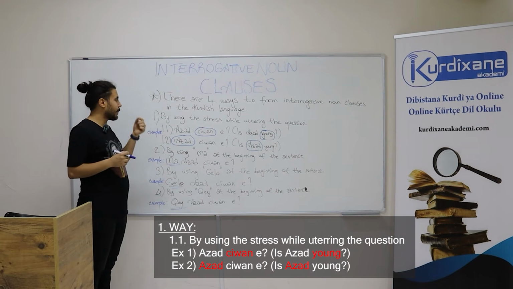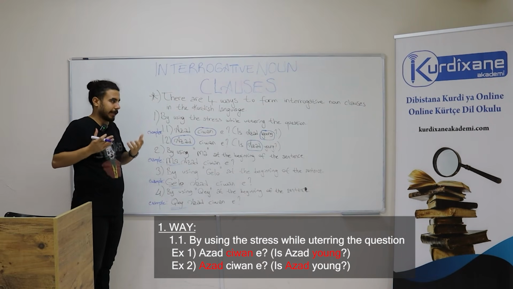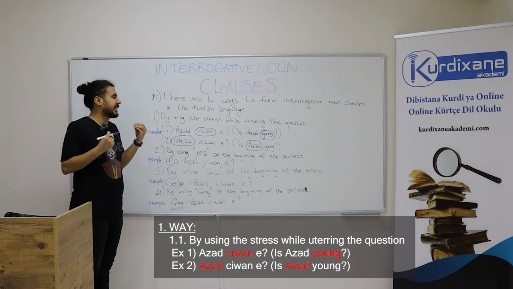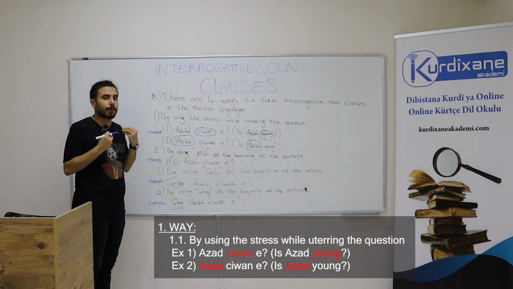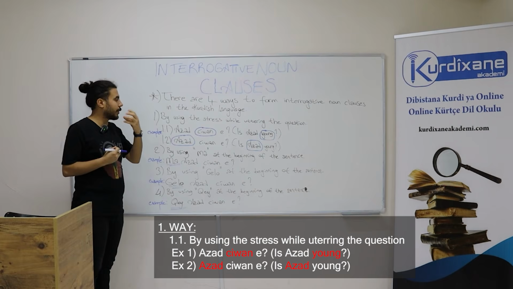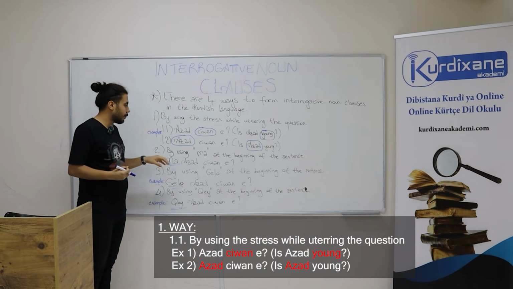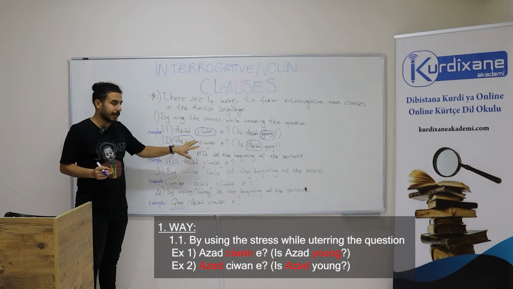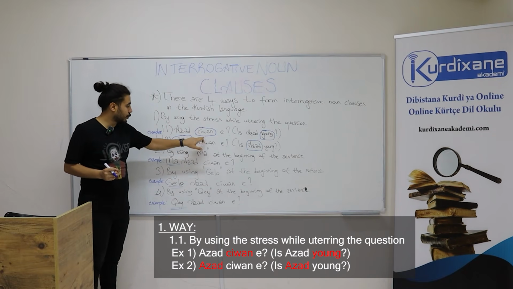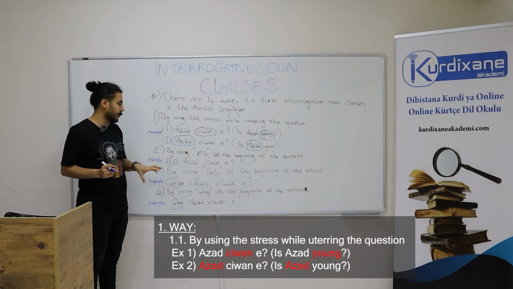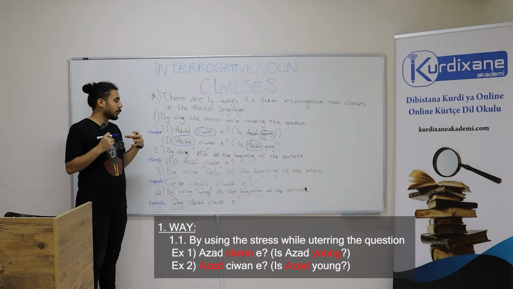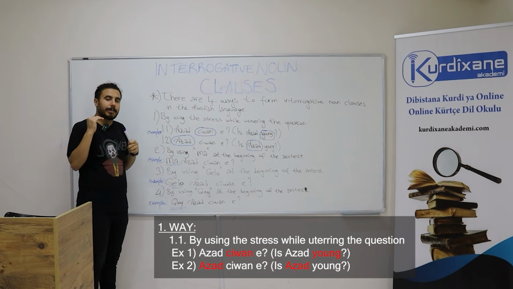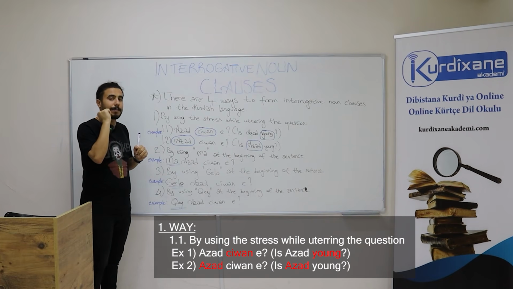The first one is, just like many languages, using the stress while pronouncing the question. As you can see in these 2 examples, I've underlined 2 different words in the same question. You make the pitch a little bit higher. You pronounce it a bit higher.